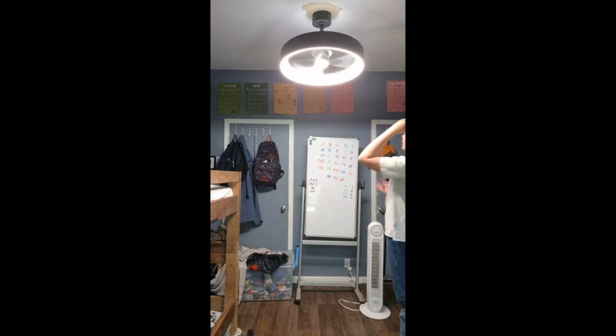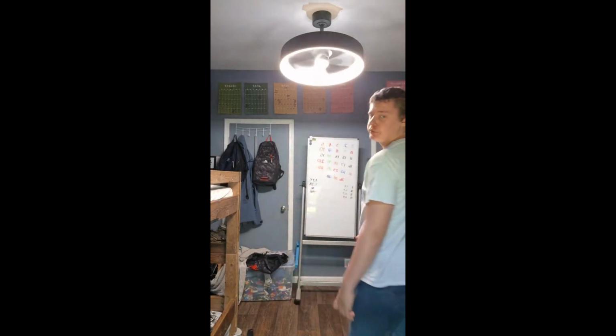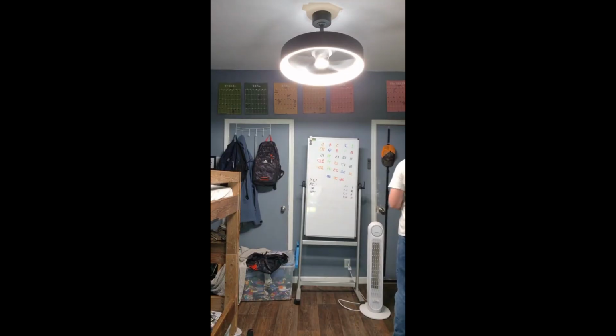Okay, so whoever wins gets to multiply someone else's score by 1,000. So, group 2. 10. 43 minutes in. Okay. 10 plus 5 equals what? 15.